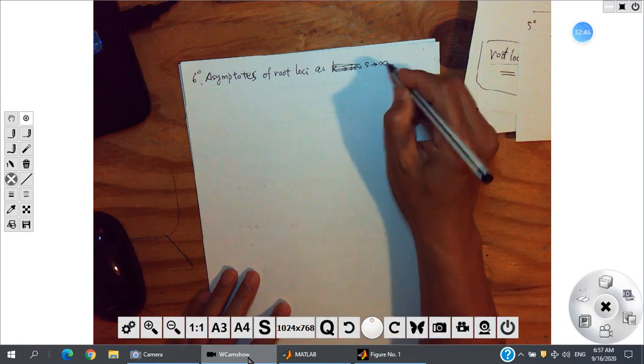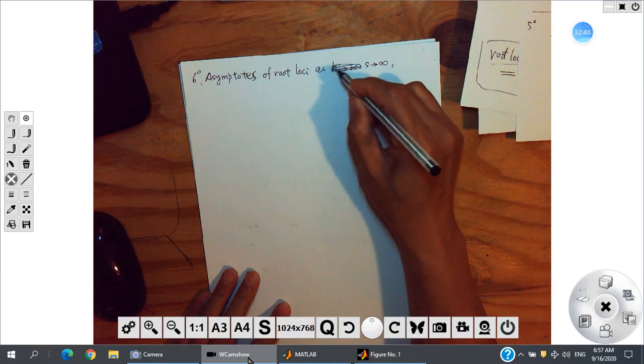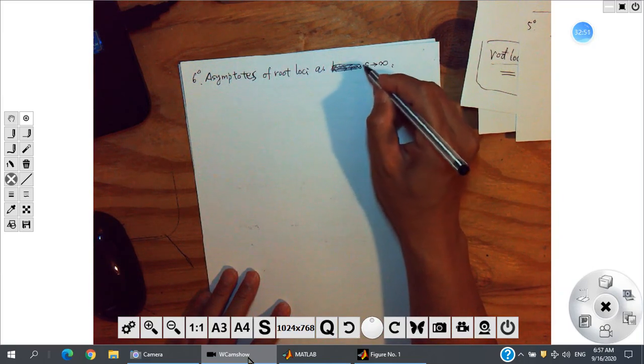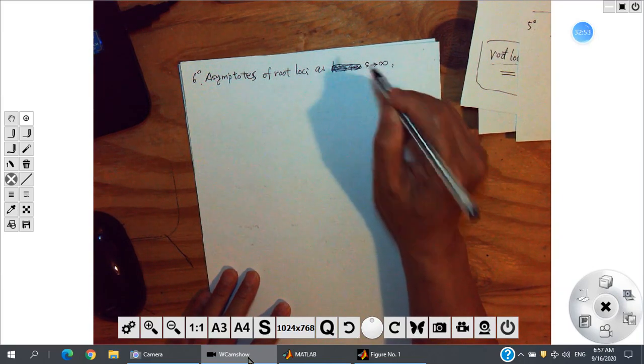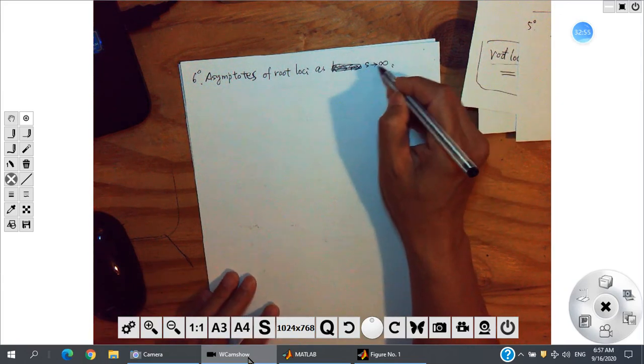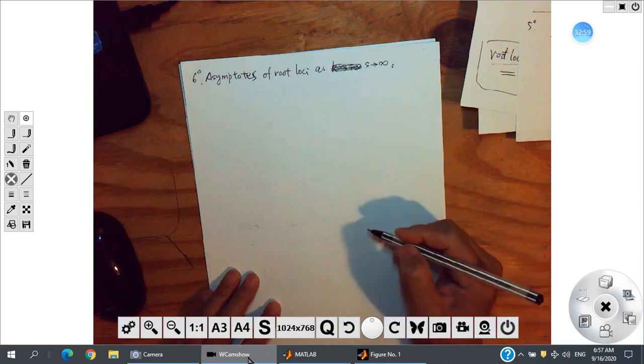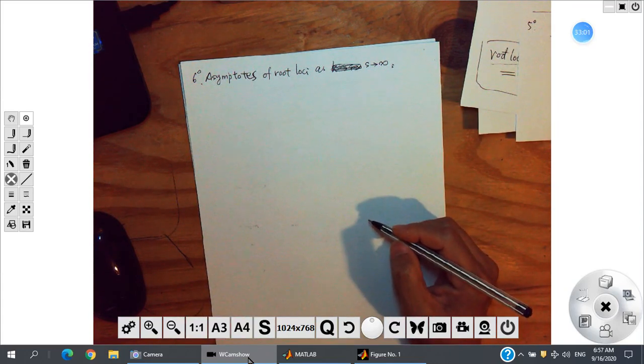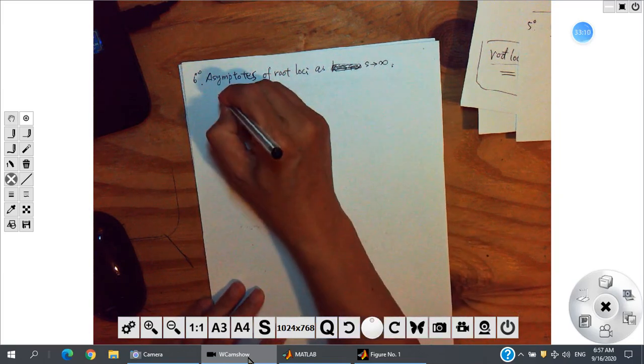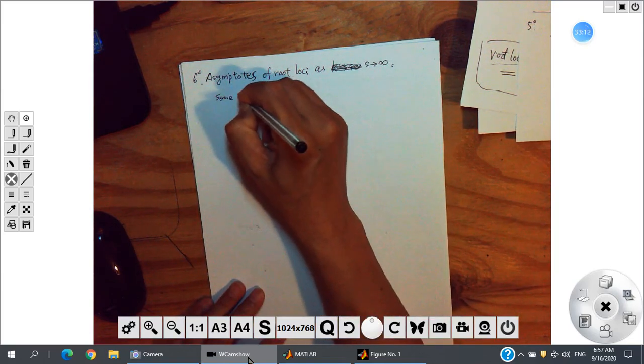No matter whether the locus starts from some pole to infinity, or starts from a zero to infinity, there are two directions, but they will always go to infinity along some straight lines.